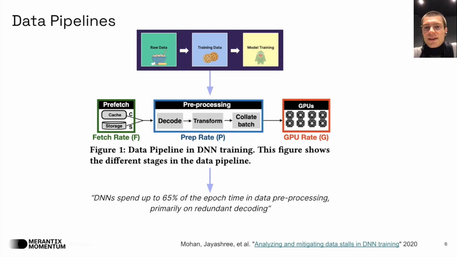The saying also holds here: this pipeline will only be as fast as its slowest component, essentially, because the other components will be bottlenecked by it. And there's this interesting fact from this paper down here that says DNNs spend up to 65% of the epoch time in data preprocessing, primarily on redundant decoding, and then the GPU sits idle for most of the time, which causes problems or costs.